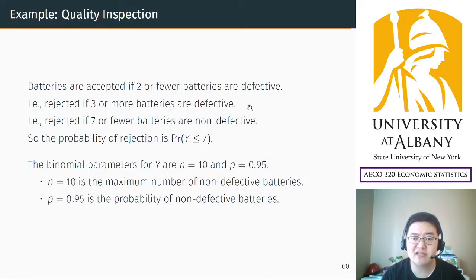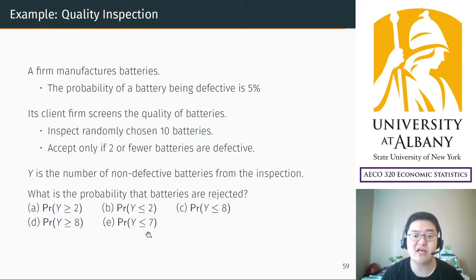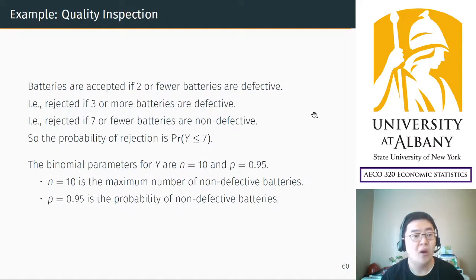I'm switching the sentence to this way because Y is defined as the number of non-defective batteries. So I would like to write a sentence in terms of non-defective batteries, and we are interested in the condition for rejection. So the probability of rejection is when Y, the number of non-defective batteries, is smaller than or equal to 7. This is the answer. Answer is E. If you just think it step by step, it's easy.